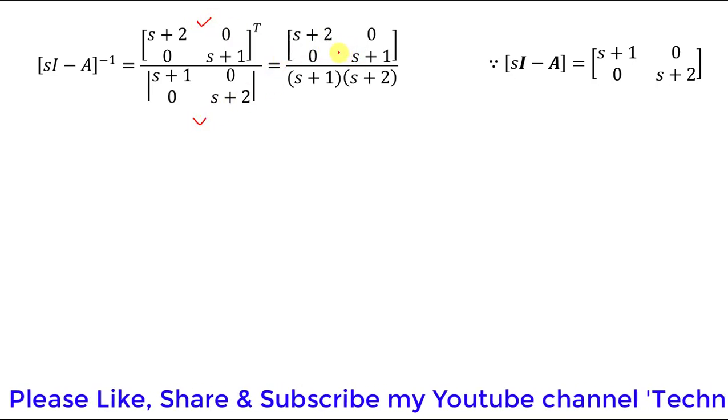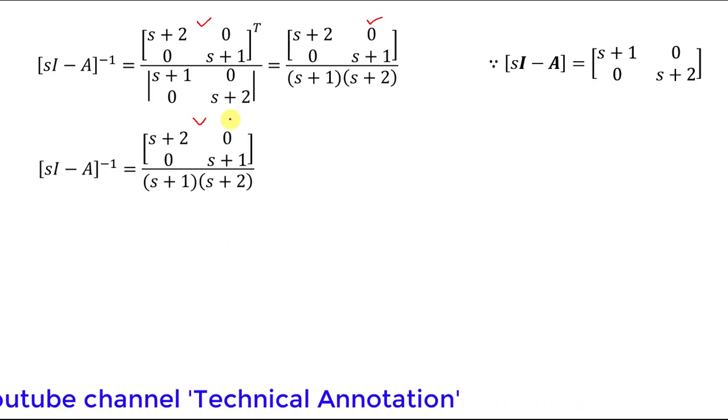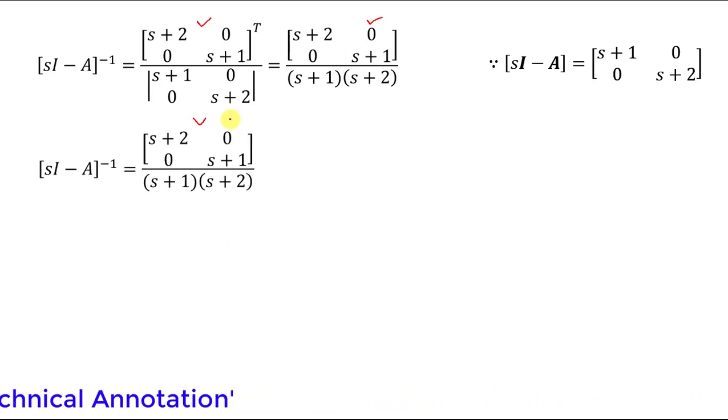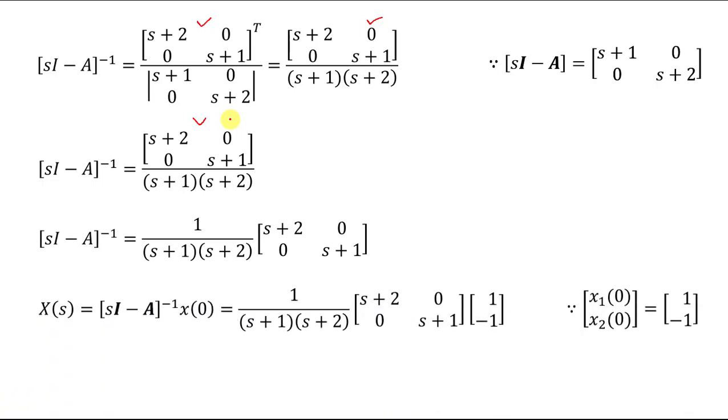The transpose is an interchange of row and column. So simply you will get the sI minus A inverse.